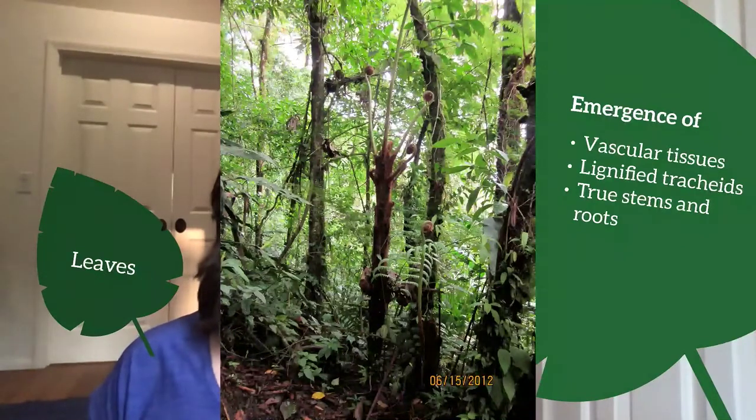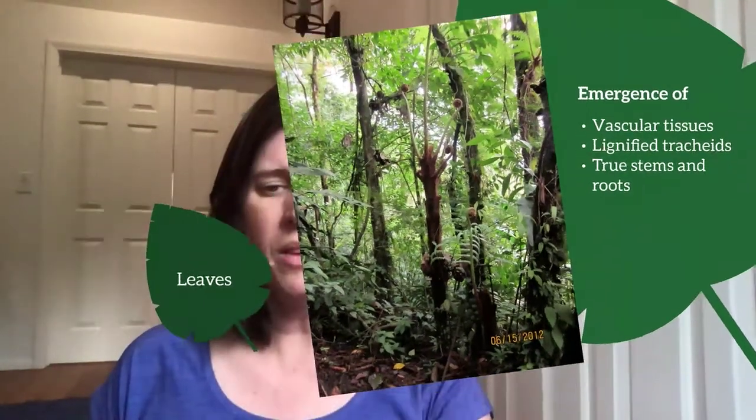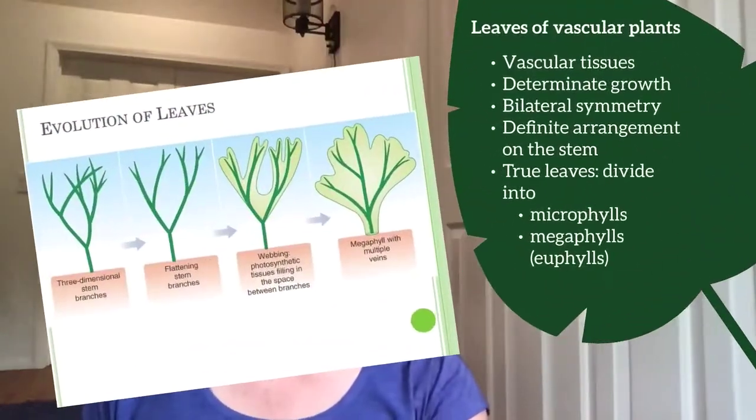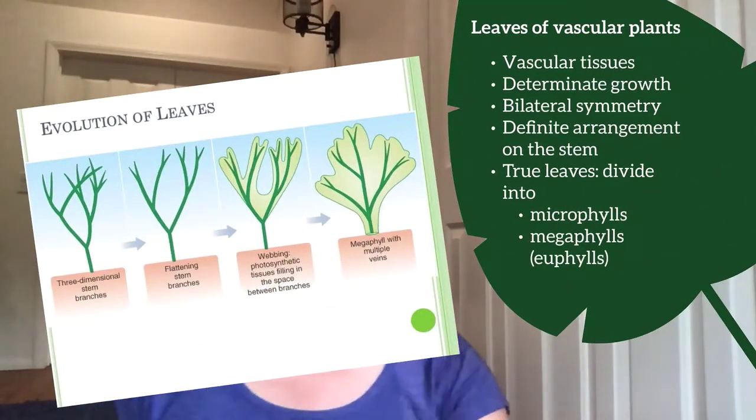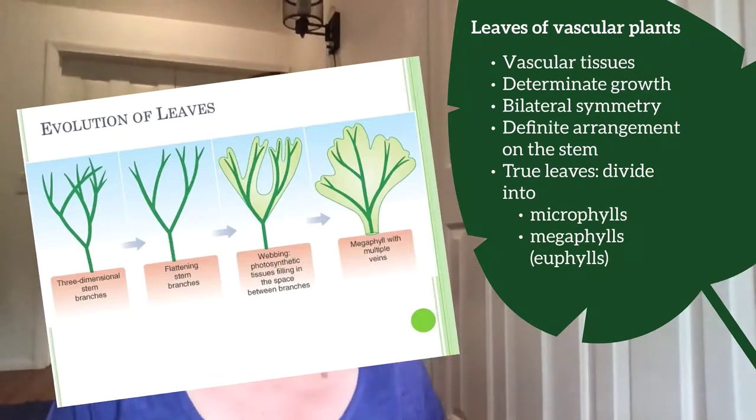Okay. The other thing we see are leaves. Leaves are a really important adaptation. And so these are part of the vascular tissue. They display what we call determinate growth. This has to do with tissues differentiating. So what this means is that there will be some tissue growing along the stem that the genes will turn on.